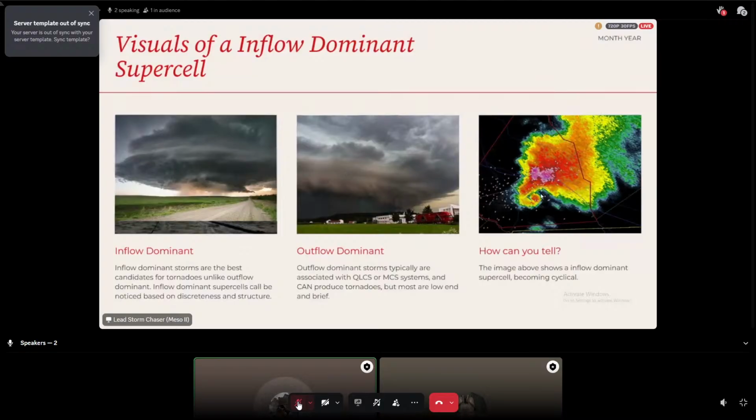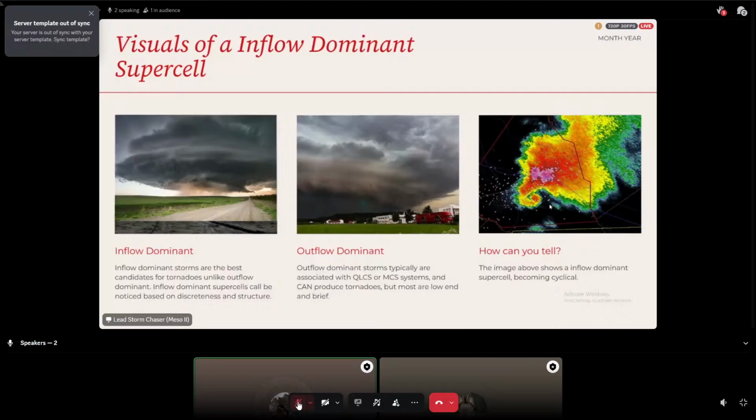This is an inflow dominant isolated supercell. You can tell that this is definitely tornadic because of the wrapping of the hook and the RFD. Obviously, the boundary isn't very visible on radar right here, but with boundary interaction, nine times out of ten it would be ingested, which this could be.